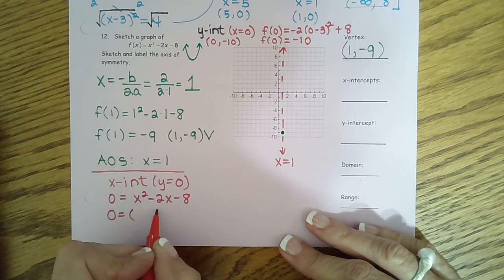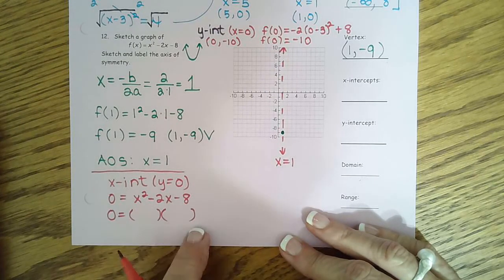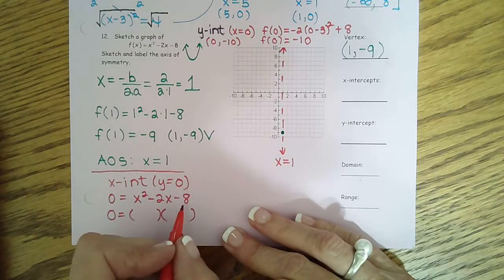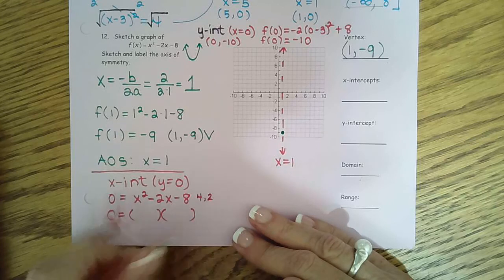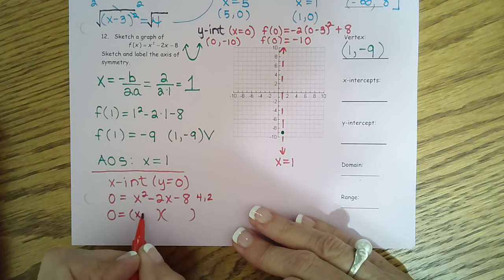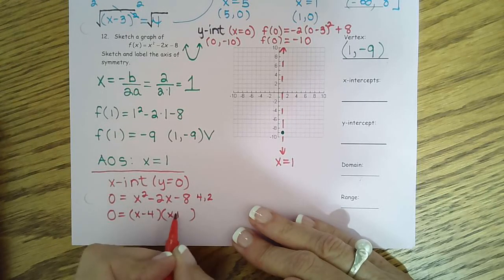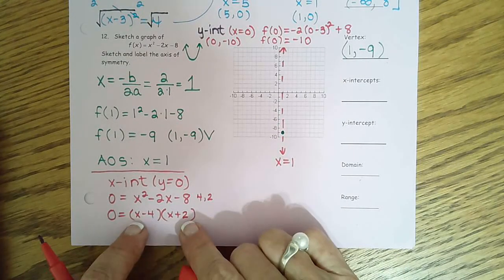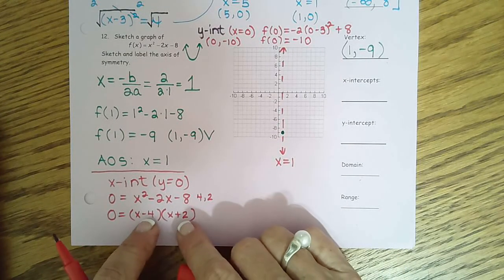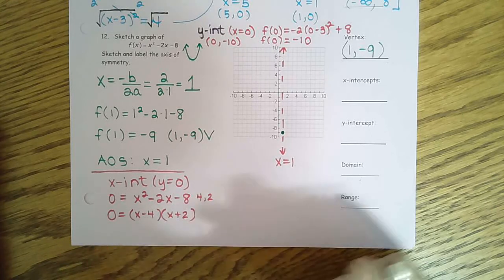So this is from chapter 4. When you have a quadratic set equal to 0, that means you factor. Factors of 8 that subtract to 2 are 4 and 2. Largest one negative, so x minus 4, x plus 2. And you can check it. Negative 4x plus 2x is negative 2x, and negative 4 times 2 is negative 8.